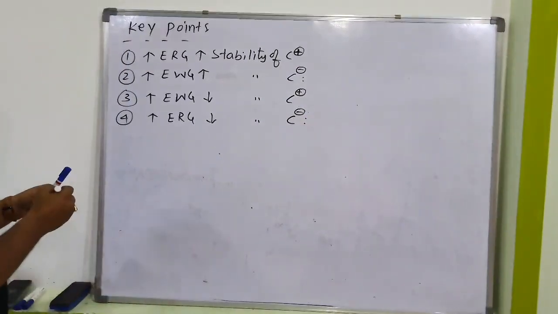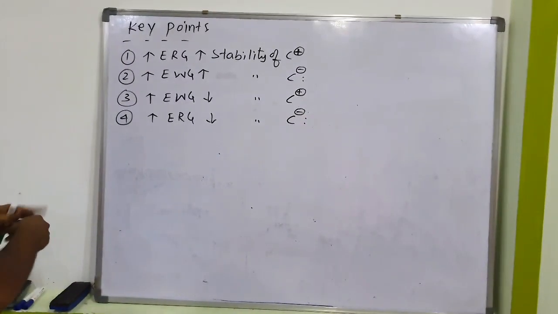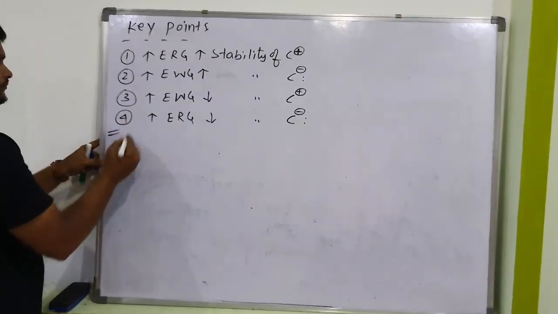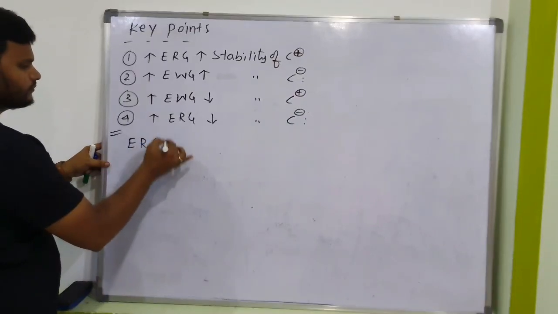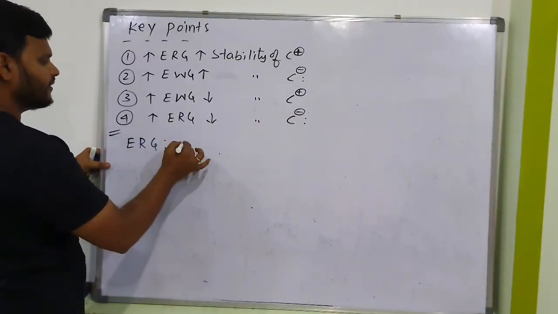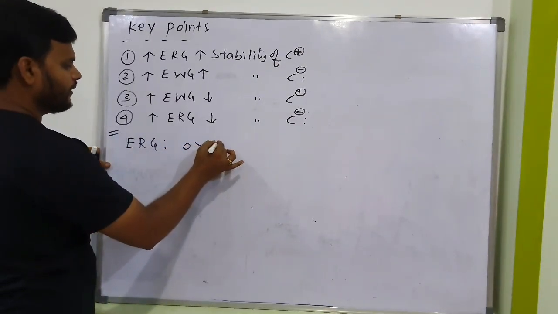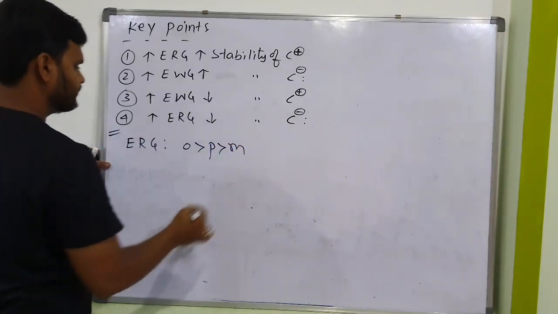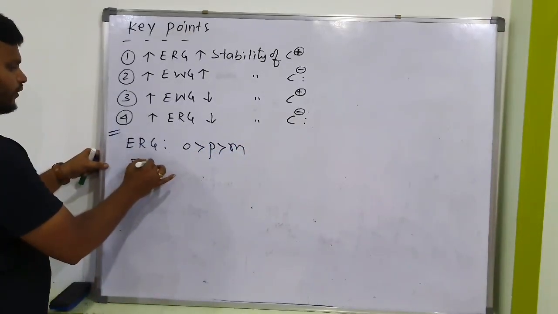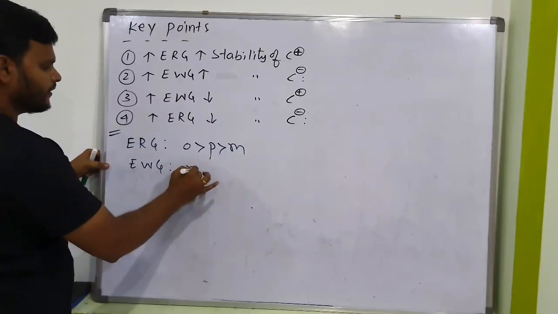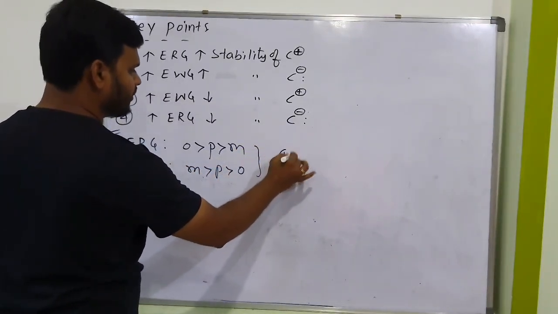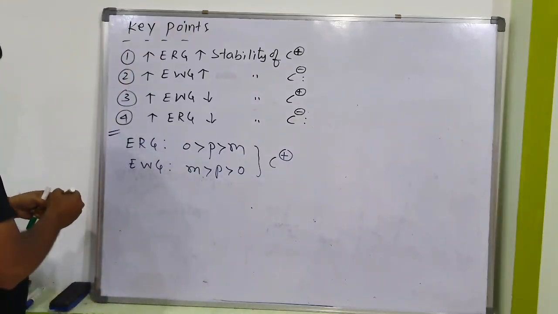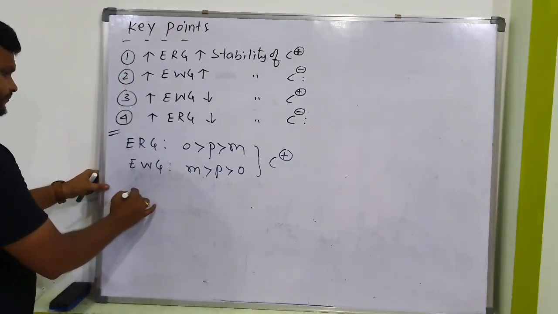Yeah. Next, for electron releasing group, the carbocation stability order is OPM. For electron withdrawing group, the stability order is reverse, MPO. This is for carbocations. So what about carbanions?